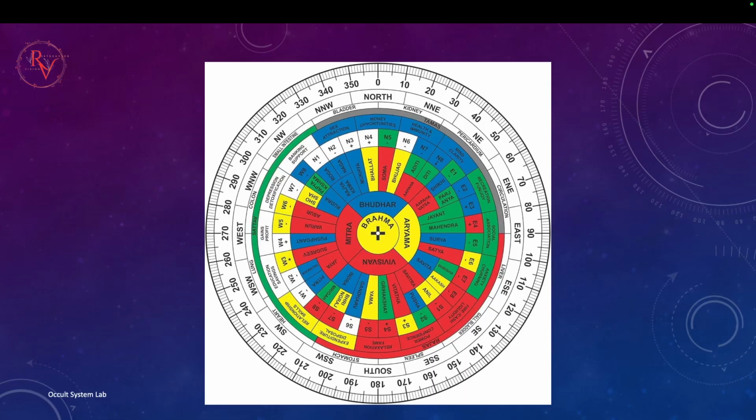So water element is nothing but emotional aspect of our life. Okay, so fire element is nothing but how you can do a particular task with the vigor, with the energy. Okay, so that is nothing but the power of the fire energy.